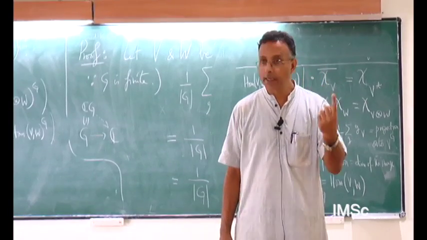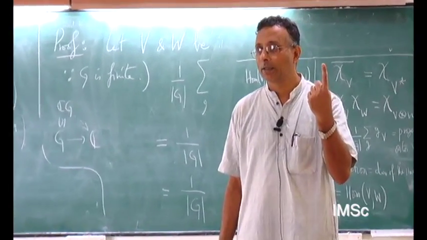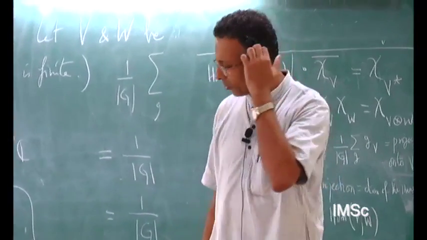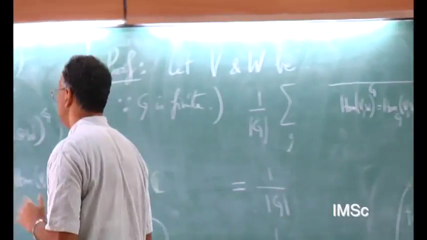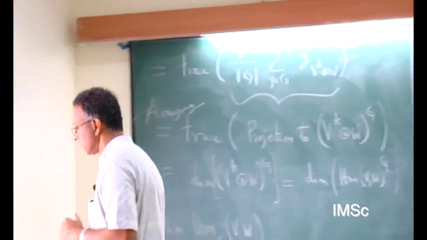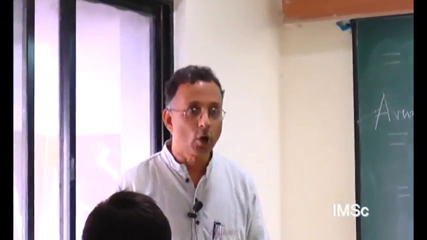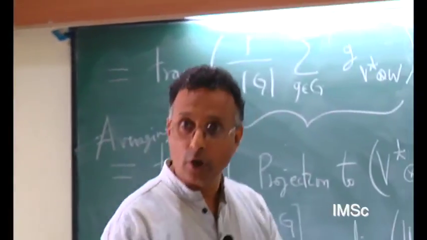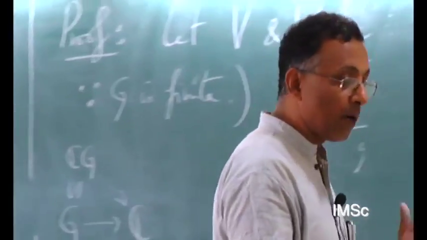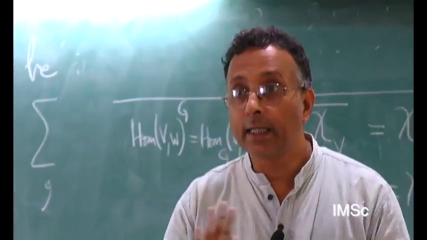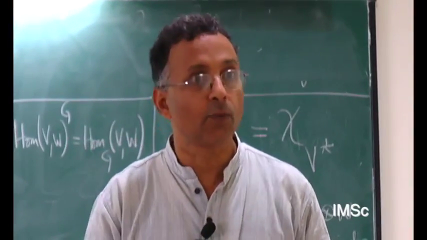See, it's a division ring by Schur. It's either the zero map or an isomorphism. Correct. Moreover, that's one fact. But moreover, suppose you have one isomorphism, then any other isomorphism must be a multiple of that isomorphism.